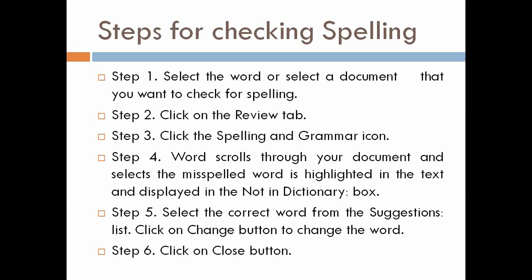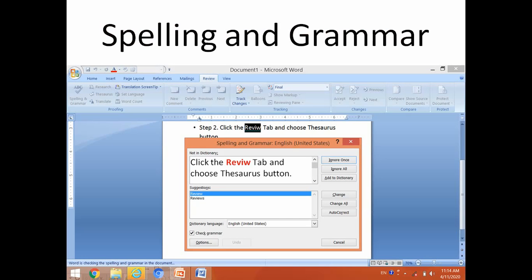You can select from the suggestions list and click on the Change button. It will correct the misspelled word. After completion of this process, you can click on the Close button that closes the spelling dialog box.